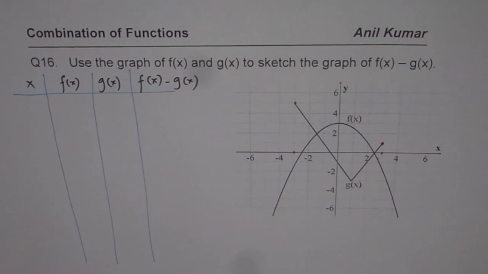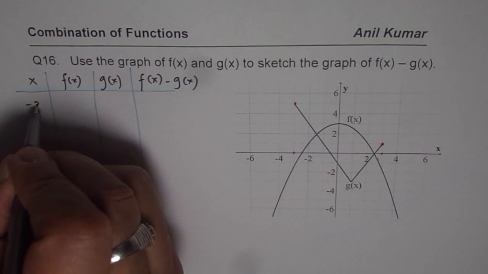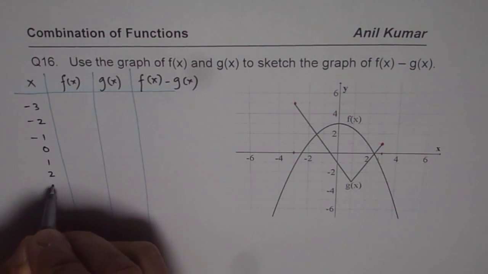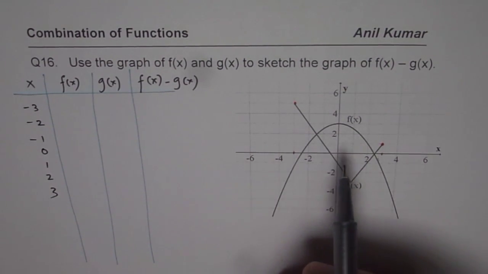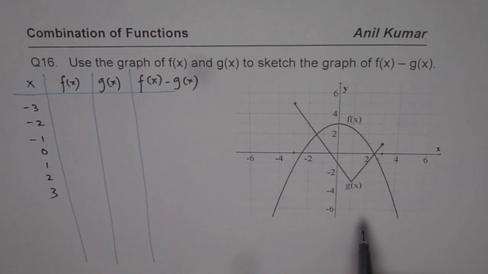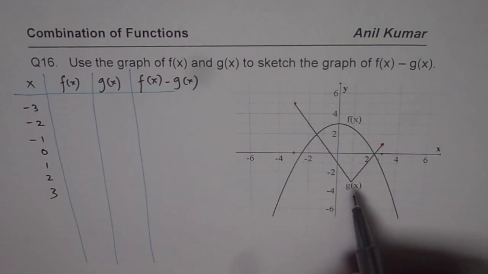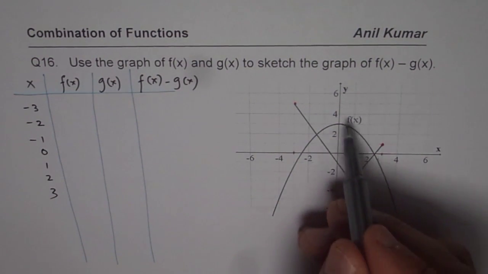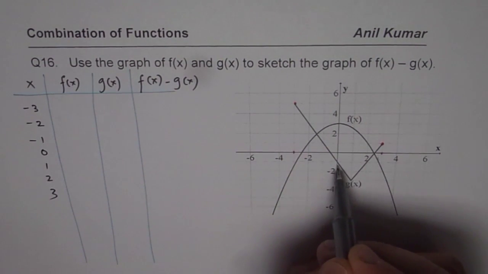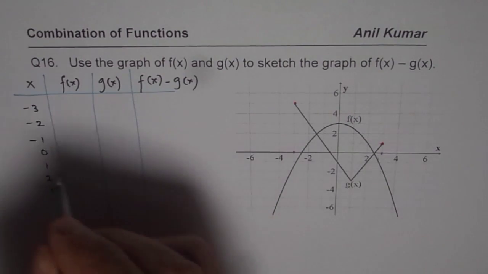So you can have values of these functions for x equal to, let us say, minus 3, minus 2, minus 1, 0, 1, 2, and 3. You can read the values for both these functions one by one and then sketch the functions, right? So for, let us say, f of x, which is a parabola going downwards, at minus 3 it is minus 1.5, right?